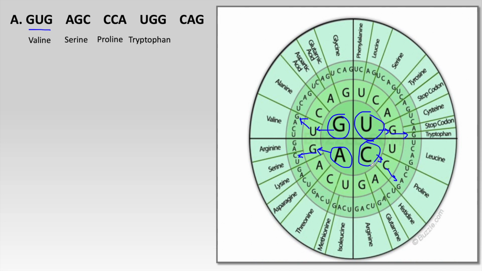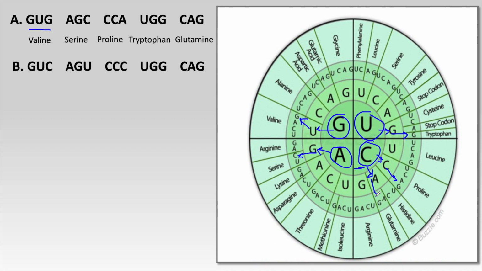CAG. Go back again to C here. And this is A. And this is G. So it should be glutamine. This is for the first choice. Moving to the second choice.